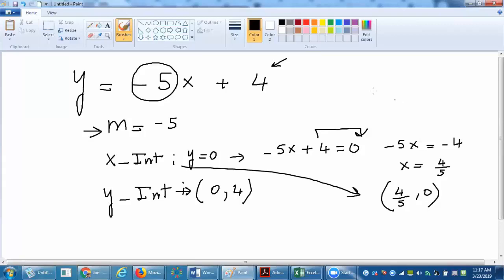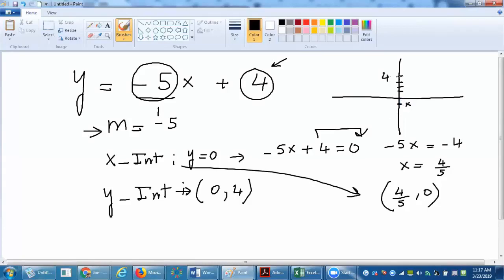So if I want to plot this line, all I have to do is, knowing that the y-intercept is 4 and knowing that the slope is -5 over 1, I can go down 5 and then to the right 1.